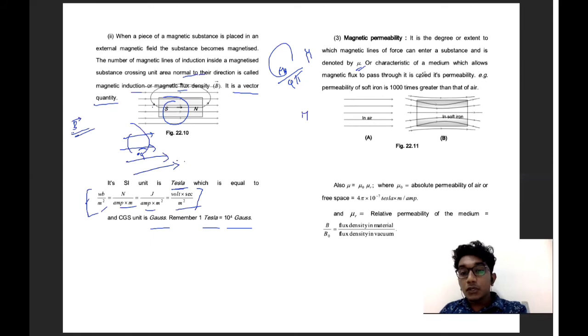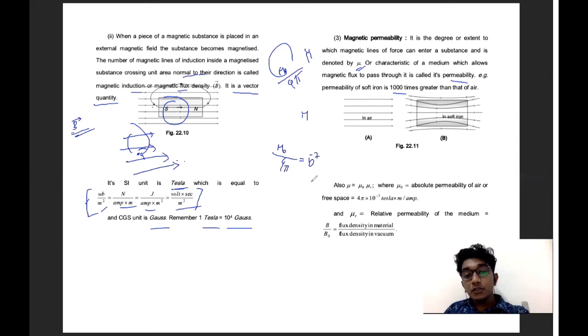The characteristic of the medium which allows magnetic flux to pass through is called permeability. For example, the permeability of soft iron is 1,000 times greater than that of air. The value of mu 0 by 4 pi that I have told you is equal to 10 to the power minus 7.